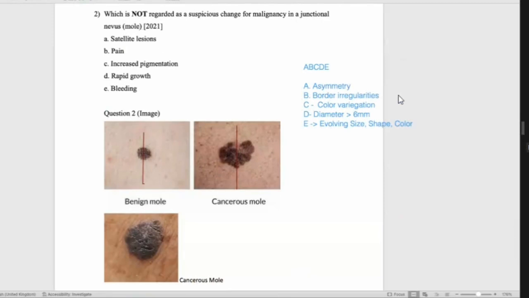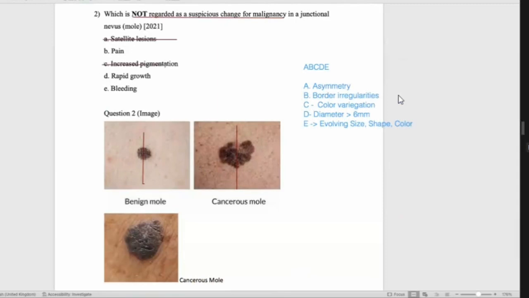So if you look at the answer options, again, this is a first order question, nothing more to explain. A says satellite lesions. It can't be A, right? Because the question says, which is not regarded as a suspicious change. So we're ruling out anything that can be used as a suspicious change, right? Satellite lesions can point towards a malignancy.